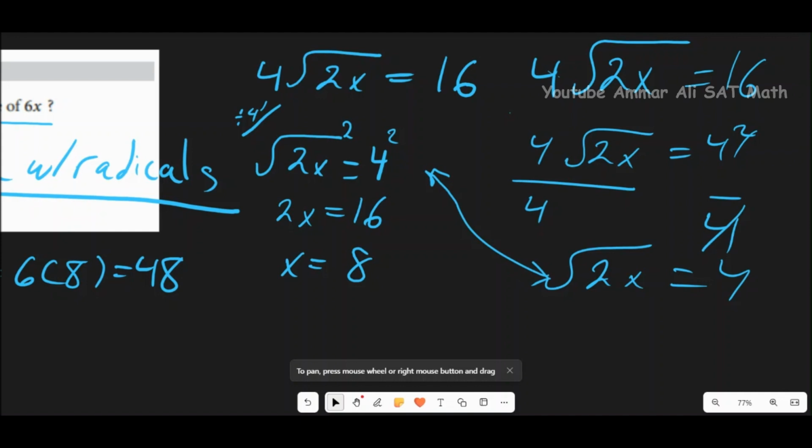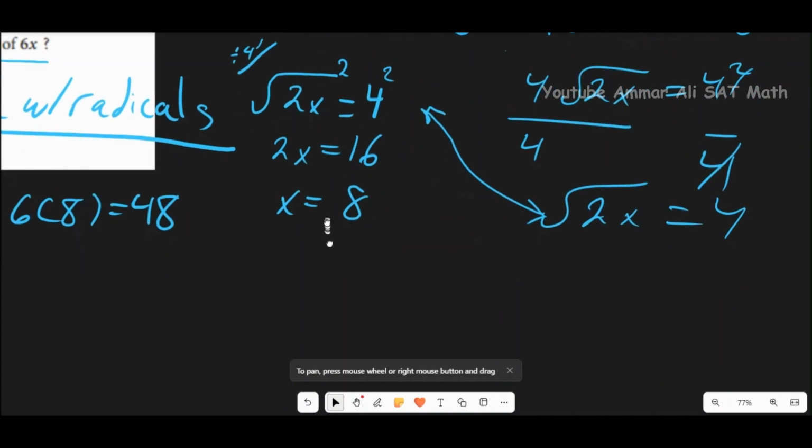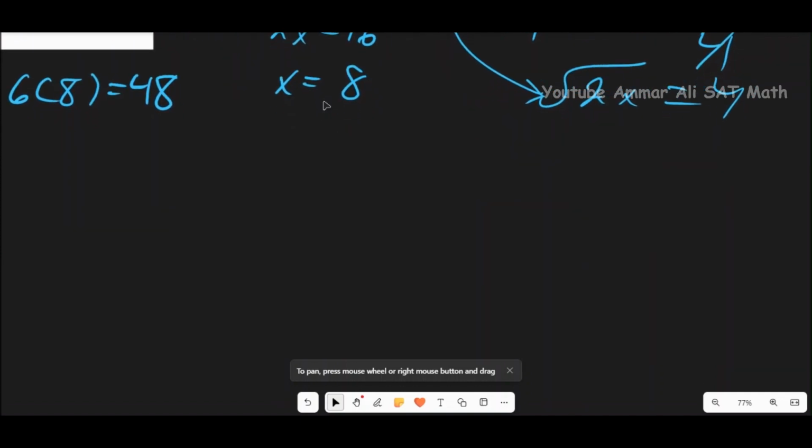So I'll try a different method, in case you want something faster than the first one I showed you. This is the third method you can use to solve this problem. We have, again, 4 times root 2x is equal to 16. Notice that they're asking for 6x, so maybe we can try to make this 2x a 6x.